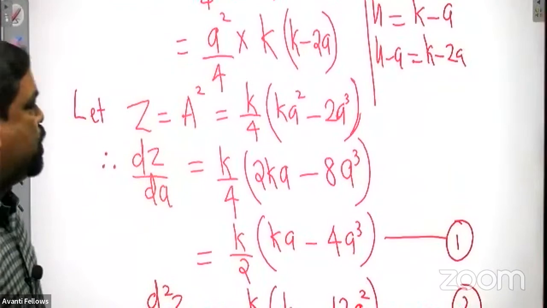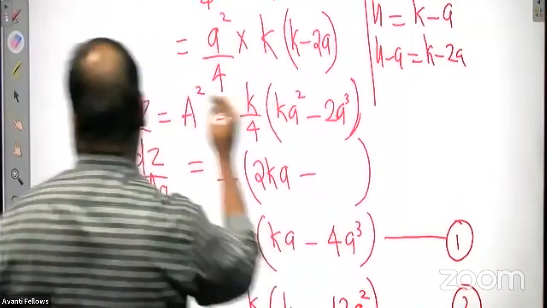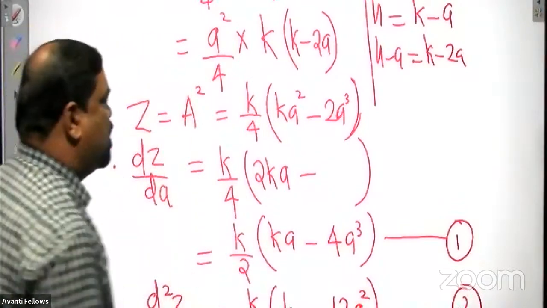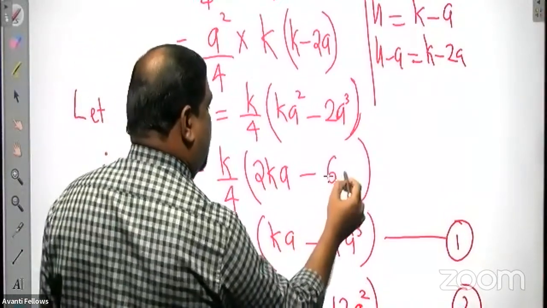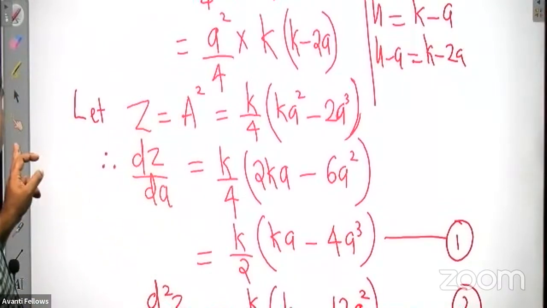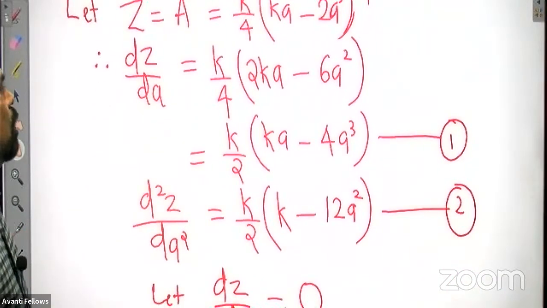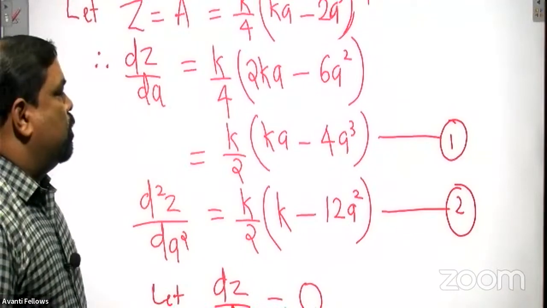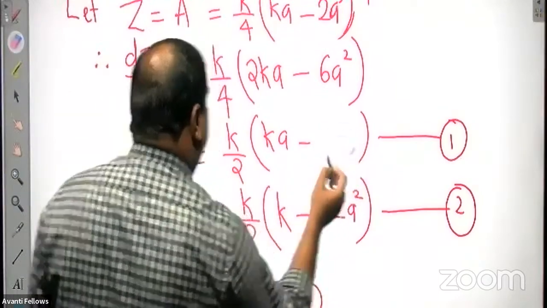So the derivative also will be changed. Accordingly, slight modification will come. 2a cube actually, that means it is 6 s square. So everywhere you make that correction.